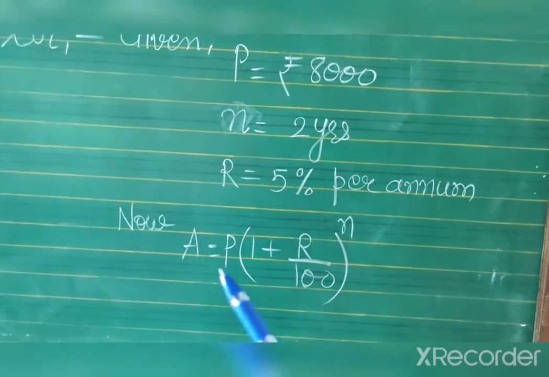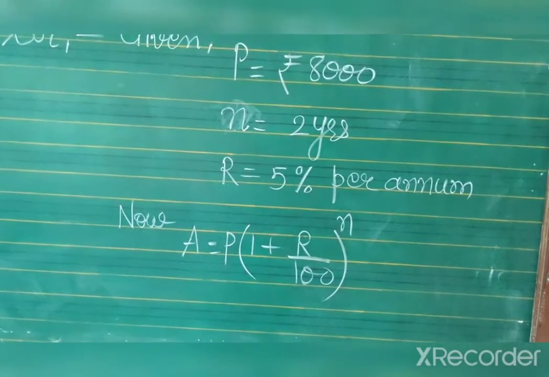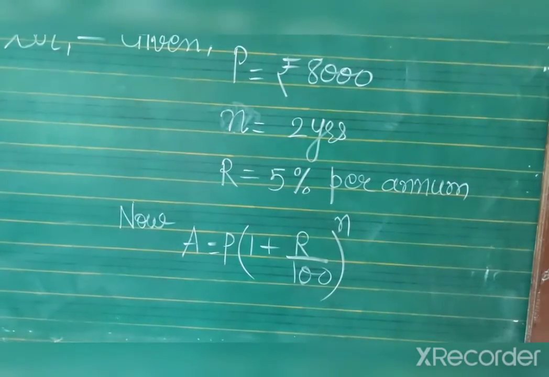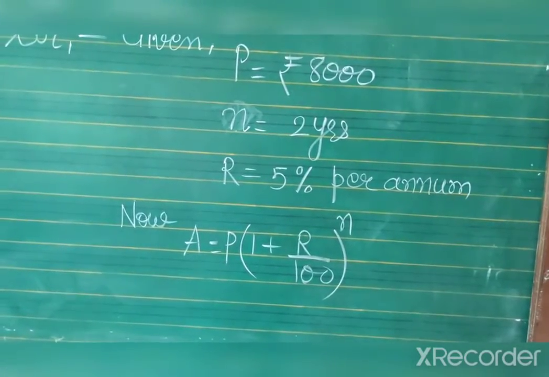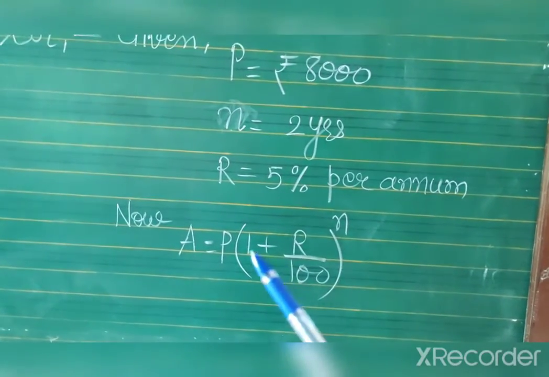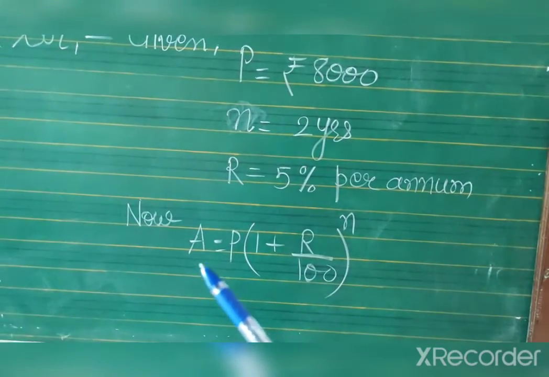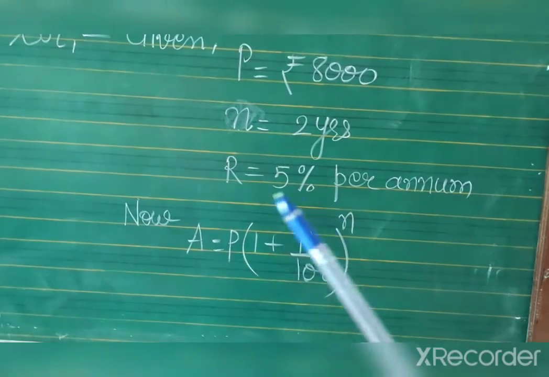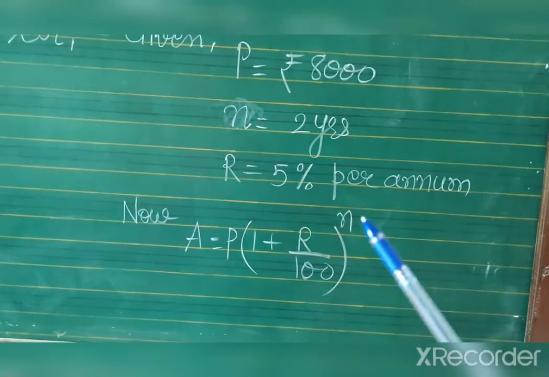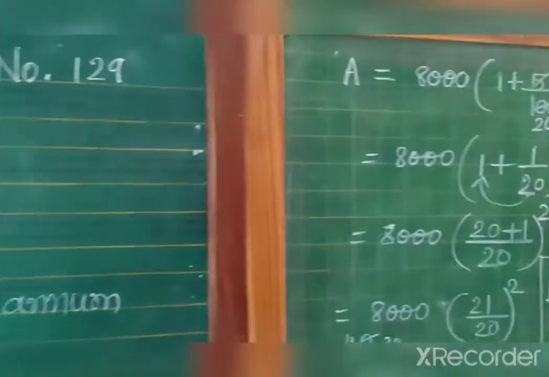So the formula for calculating amount, by which method? Compounded annually. So first, the amount formula is A equal to P into the bracket 1 plus R upon 100 to the power N. So put the value.